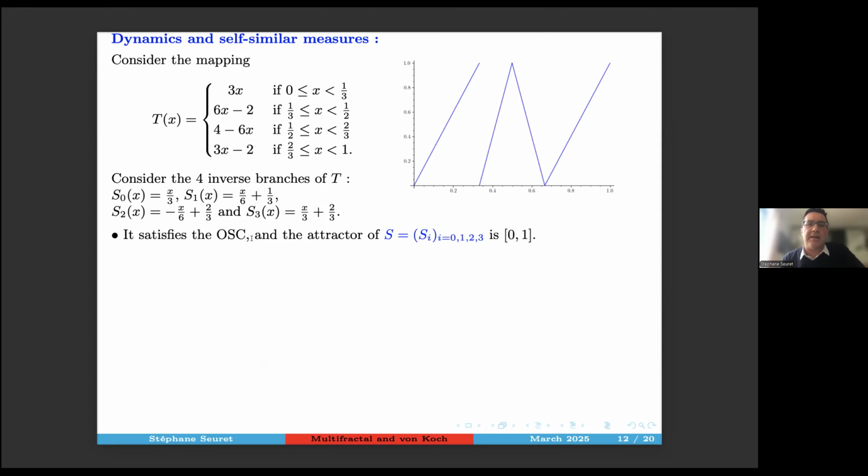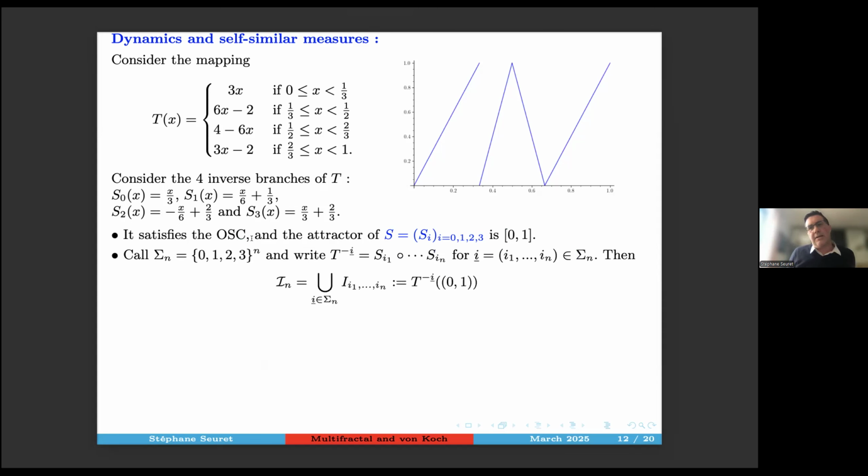And it's quite clear that this iterated function system, I mean the 4 contractions, satisfies the open set condition, and its attractor is [0,1], right? You divide the interval into 4 parts.